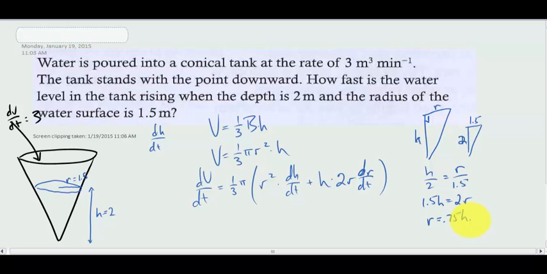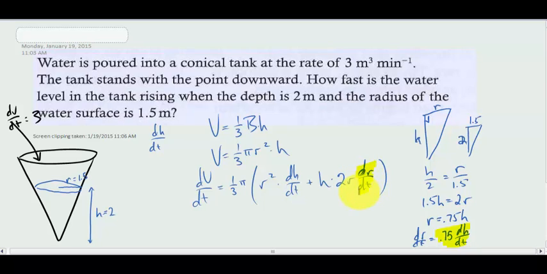And you might be saying, well, great, who cares? You knew R and you knew H for this, but what this allows me to do is differentiate this. I have a relationship between R and H. I can find dr/dt. dr/dt is equal to 0.75 dh/dt, and that allows me to make a nice, glorious substitution right there.